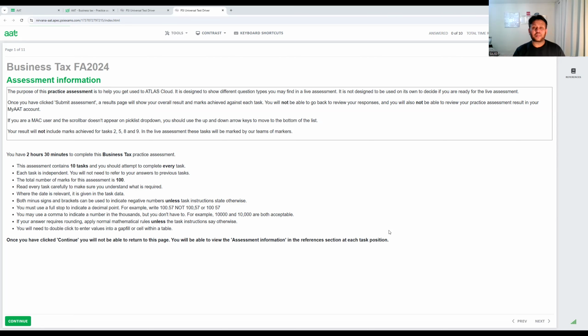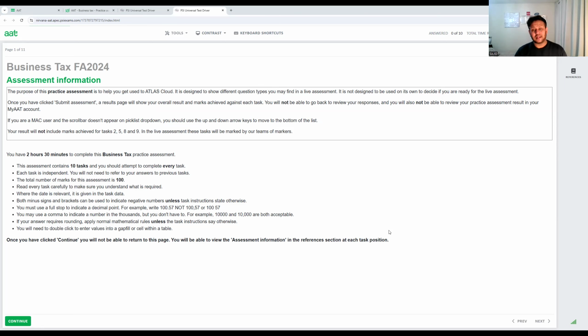Sometimes the profit on the year-end profit and loss account is not the profit we're going to calculate the tax on. That means my tax figure needs to be adjusted. So when we have any accounting profit, this profit needs to be adjusted through some transactions.